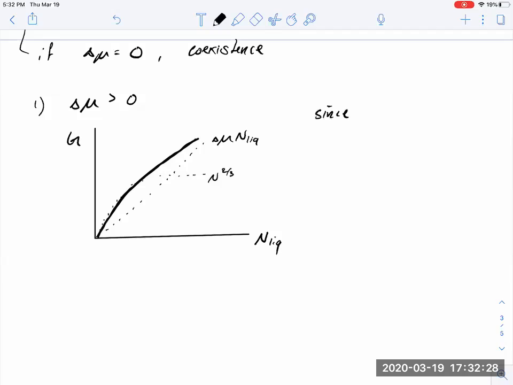Since the probability of seeing some number of liquid particles, some size of a droplet, is proportional to e to the minus beta times the Gibbs free energy, and the Gibbs free energy is positive and monotonically increasing, the most likely droplets are just over here. So we don't expect, under conditions where the vapor is stable, to see droplets that are sizable.